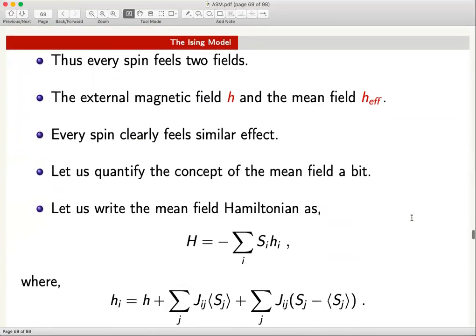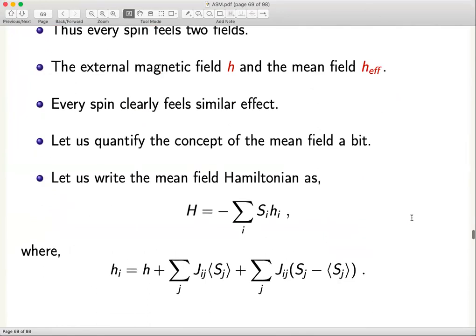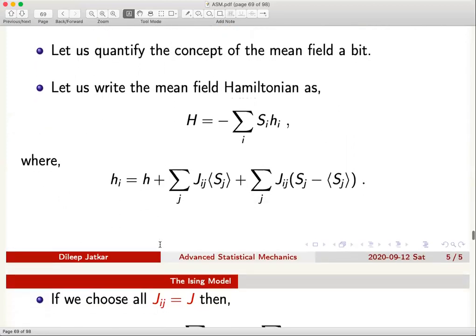Nevertheless, it has an interesting result, in the sense, in our spin system, we assign some averaged value for the spins, and that average value of the spin contributed to an effective magnetic field, and that external magnetic field plus this effective magnetic field was called H_i at every lattice site i.